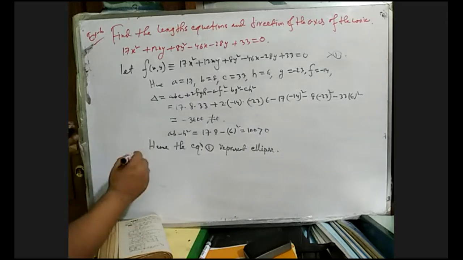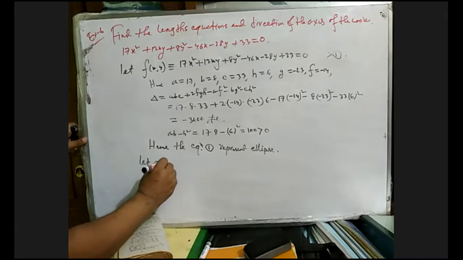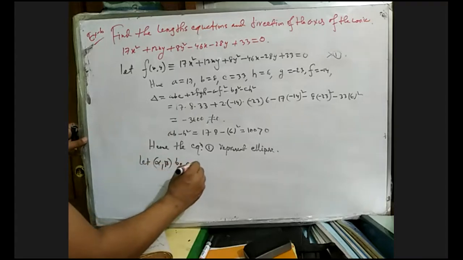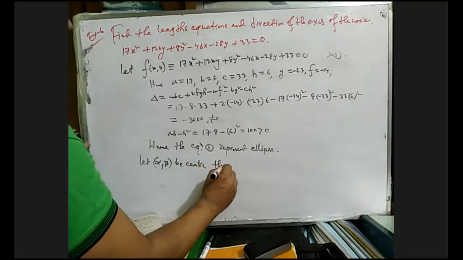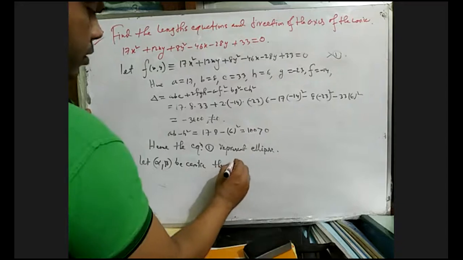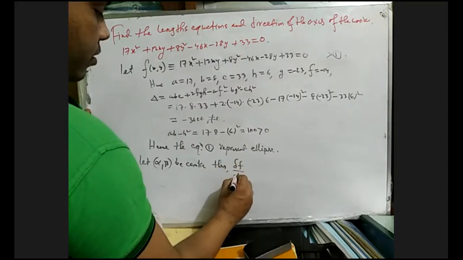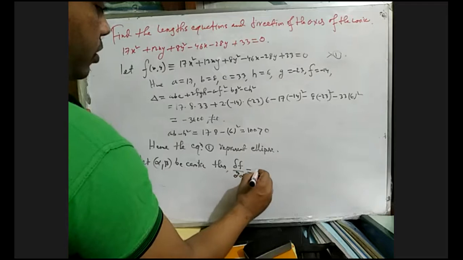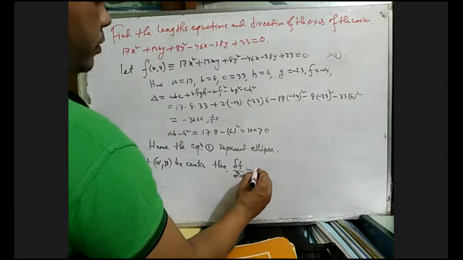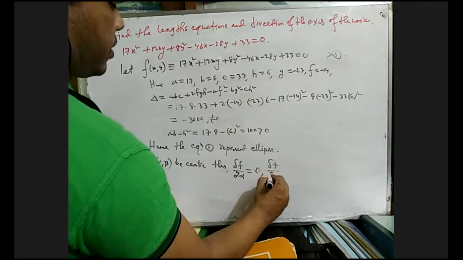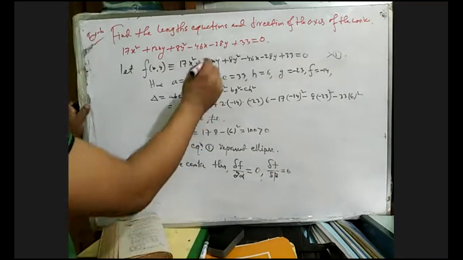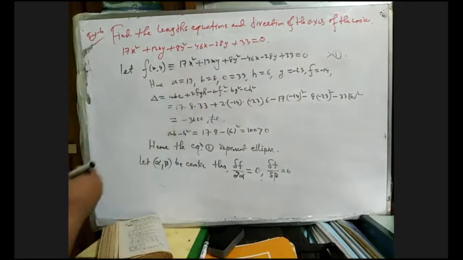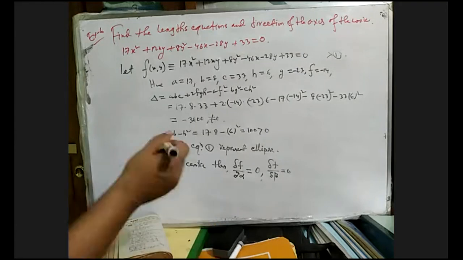So let alpha beta be the center, then del f by del alpha equals 0, and partial differentiation of f with respect to beta will be 0. From equation 1, just putting x equals alpha and y equals beta, then we can take the partial differentiation.